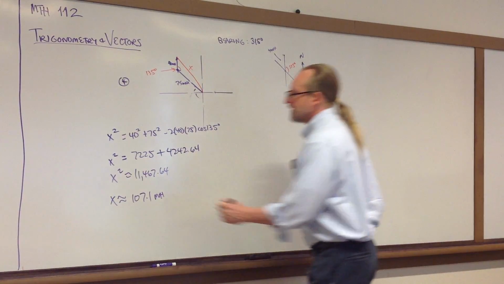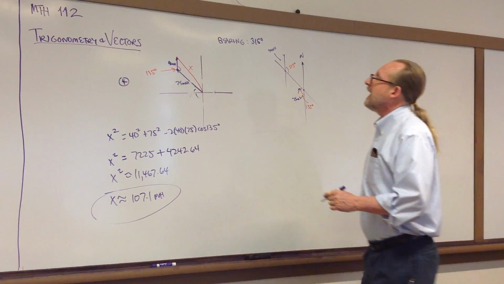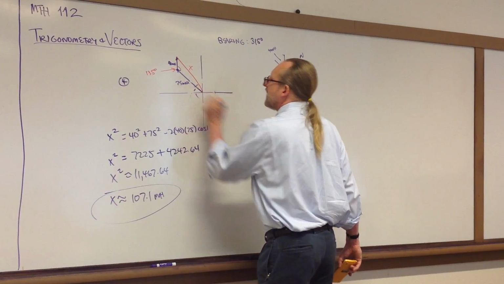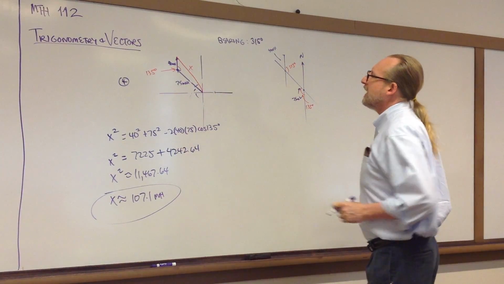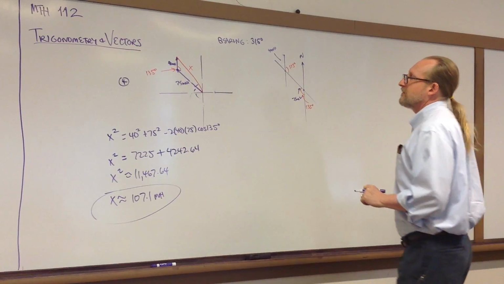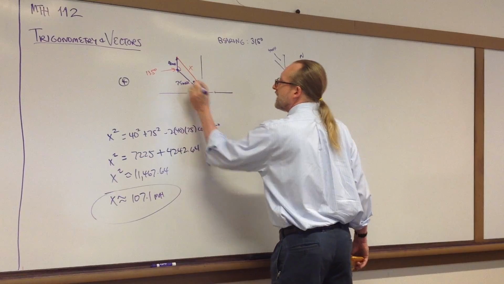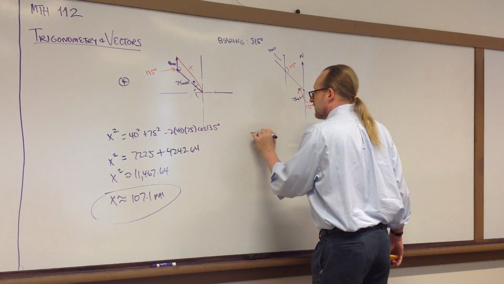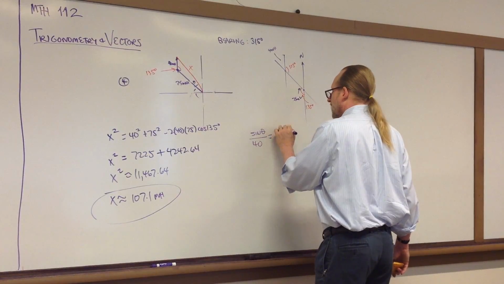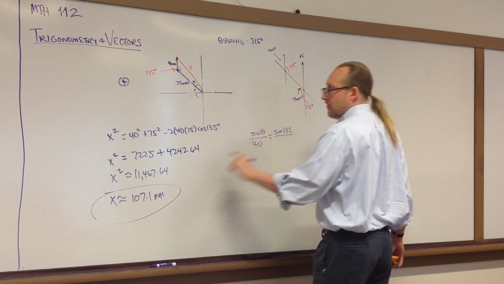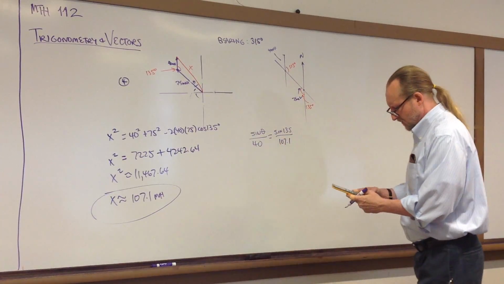Okay, so there's the magnitude of the ground speed for the airplane. And then let's see, we need to find that deviation in the flight path there. And so to do that, we can use the law of sines. Let's see here, I'll call this theta in there. And we'll say sine theta over 40 equals sine 135 over 107.1. So let's see what we get here.